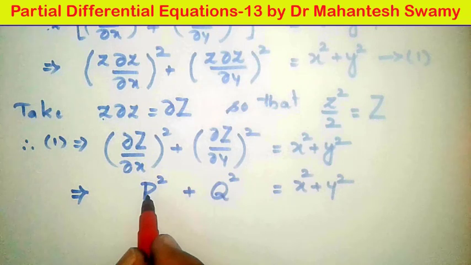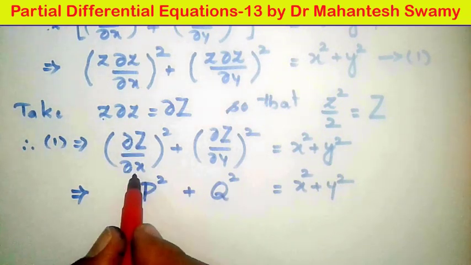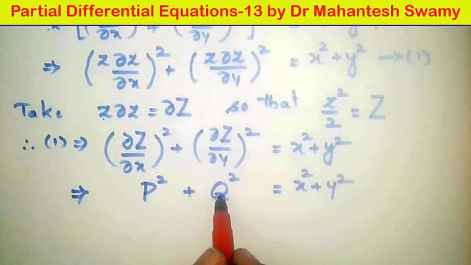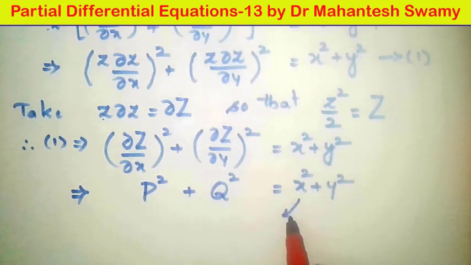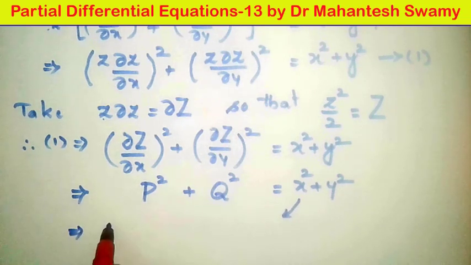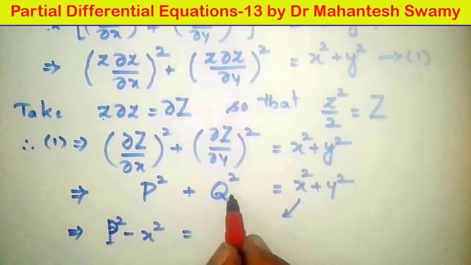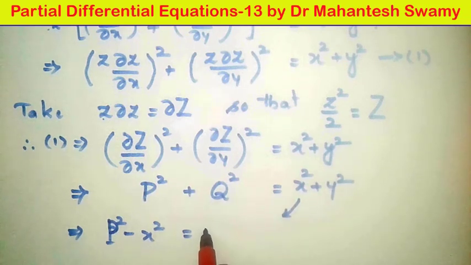So we have to identify that capital P stands for ∂z/∂x, capital Q stands for ∂z/∂y. Now, having this in hand, we try to arrange the terms in such a way that P and x come together, that is, capital P square minus x square on the LHS, equal to, Q square goes to that side and becomes minus, so it is y square minus capital Q square on the RHS.